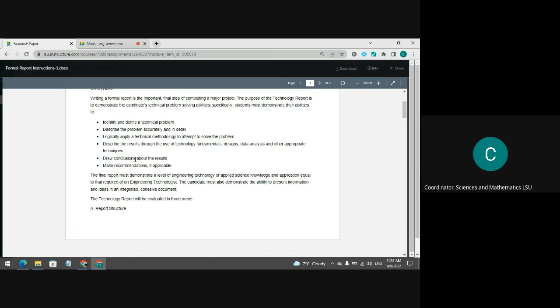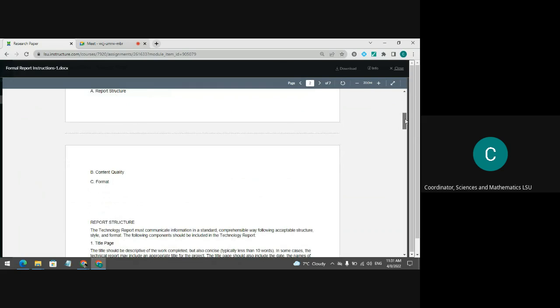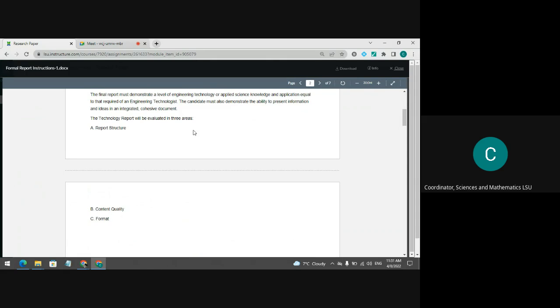You draw your conclusions and make recommendations if applicable. The technical report will be evaluated in three areas: report structure, content quality, as well as format.